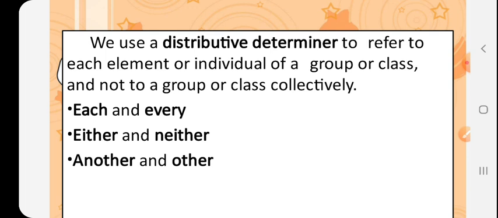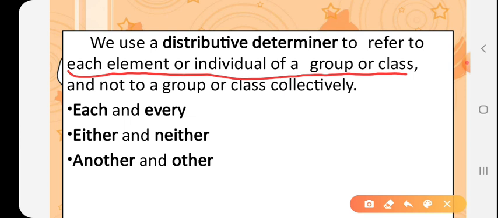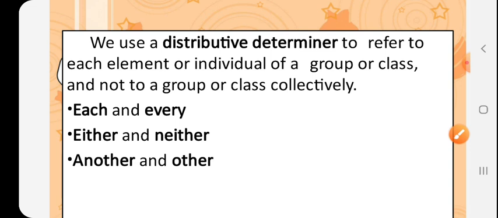We just have to see that the task, whatever it is, is getting distributed to all the members. Each element or individual of a group or class. Like your class has 40 students, and it is being distributed to everyone, whatever there is.